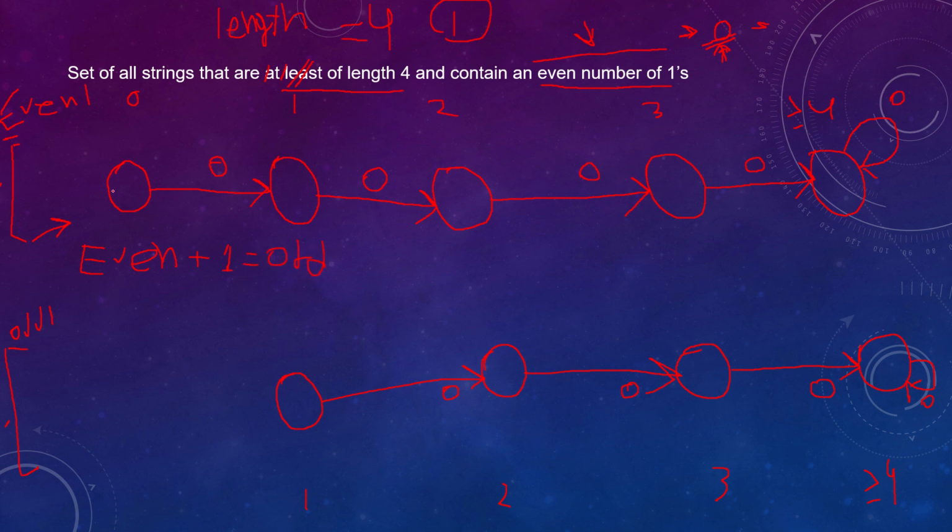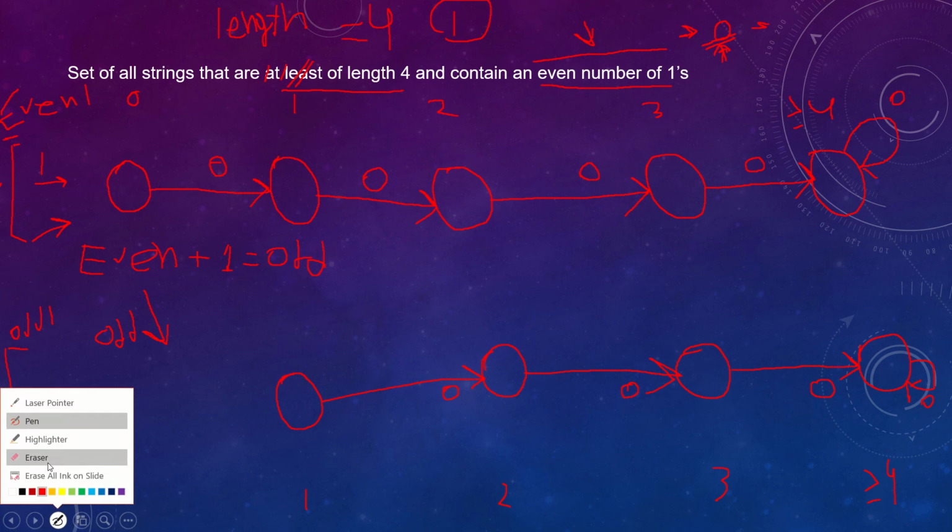That means if we are in an even state and we get a 1, we will move into the odd state, and also our length will be increased by 1 because 1 is a symbol.